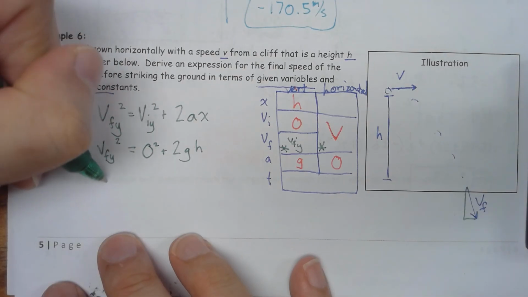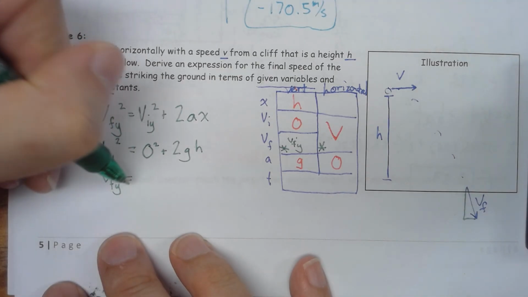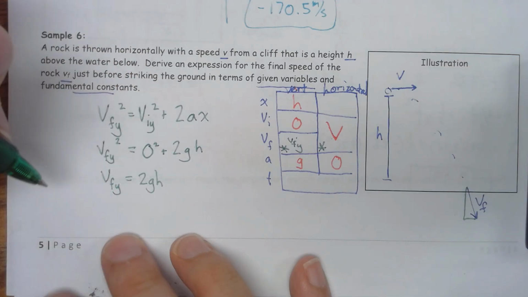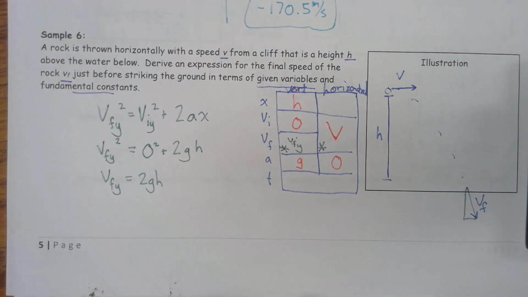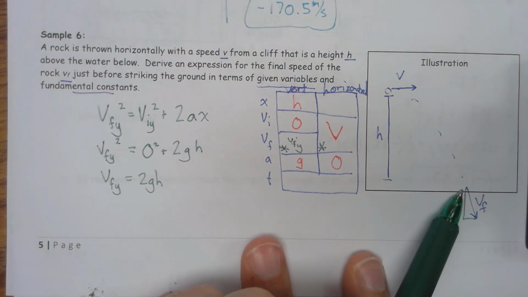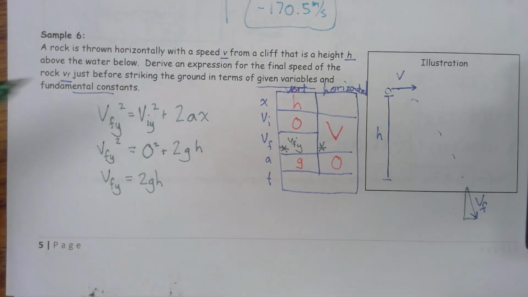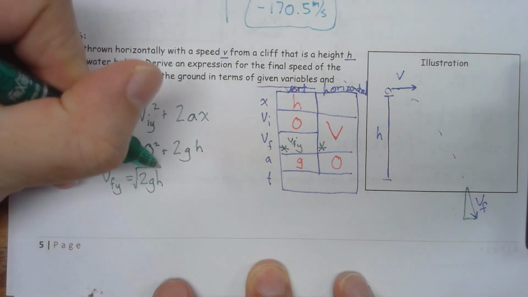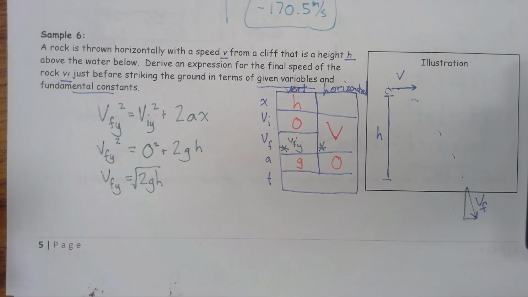So I have VFY equals root 2GH. Now I have my two legs.